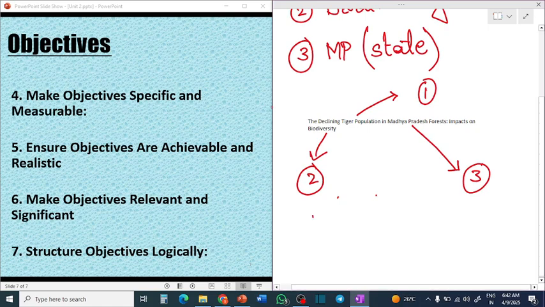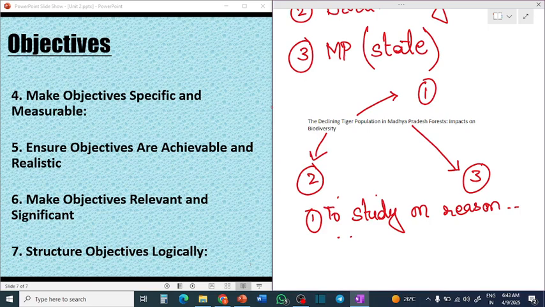So our first objective will be to study the reasons for the decreasing population of tigers in Madhya Pradesh. This will be our first objective. What will the second objective be?